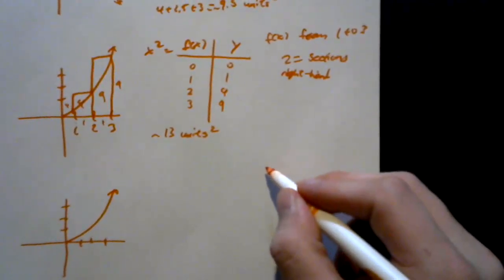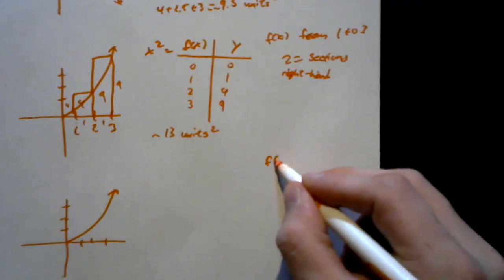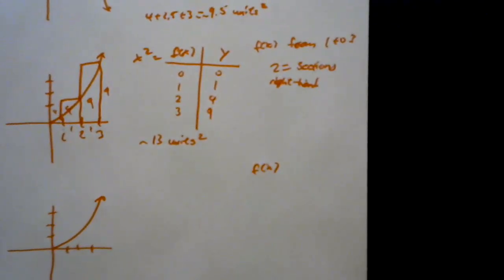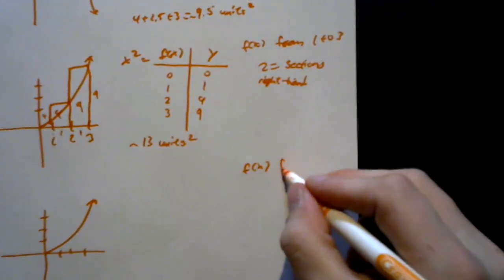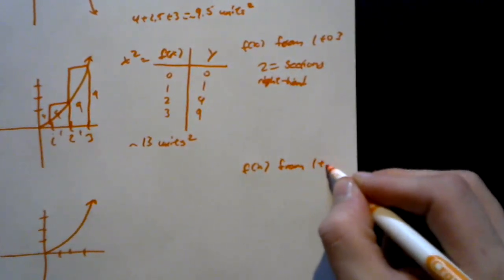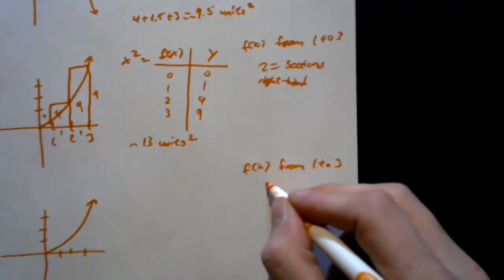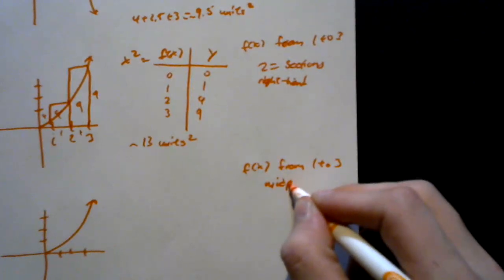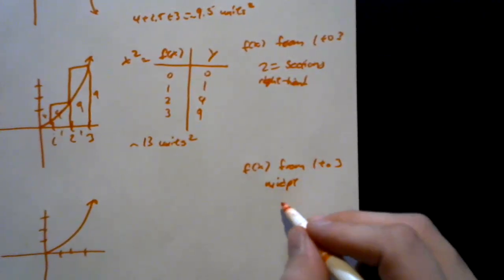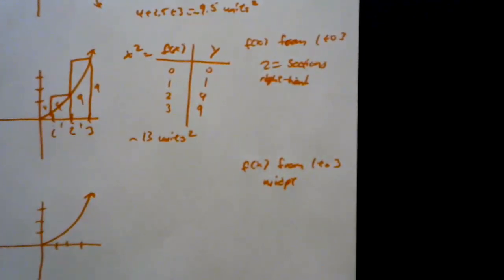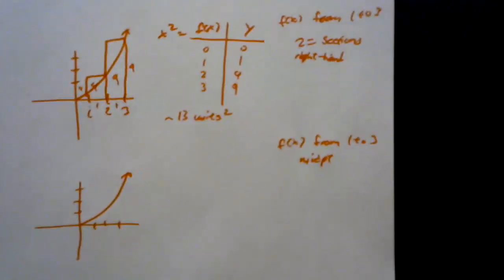So let's do a midpoint Riemann sum from 1 to 3.